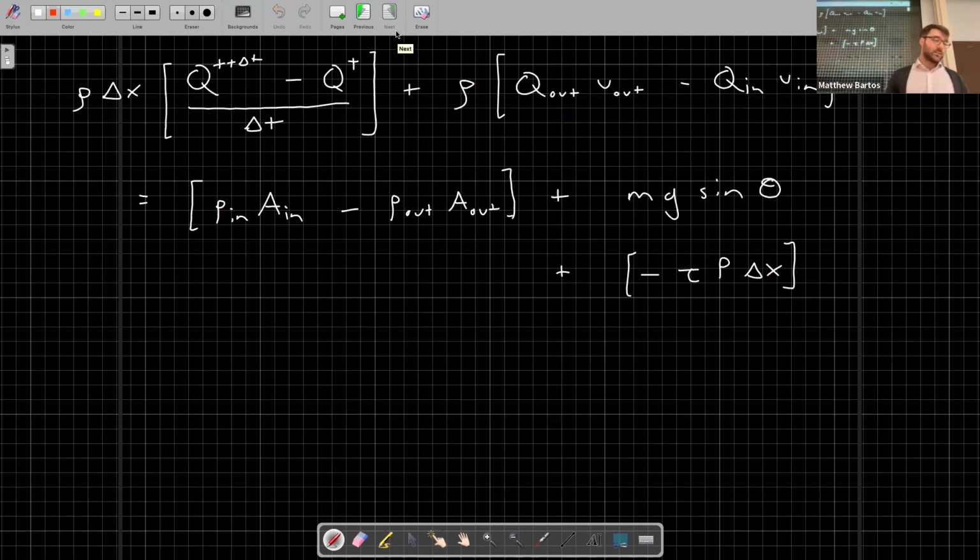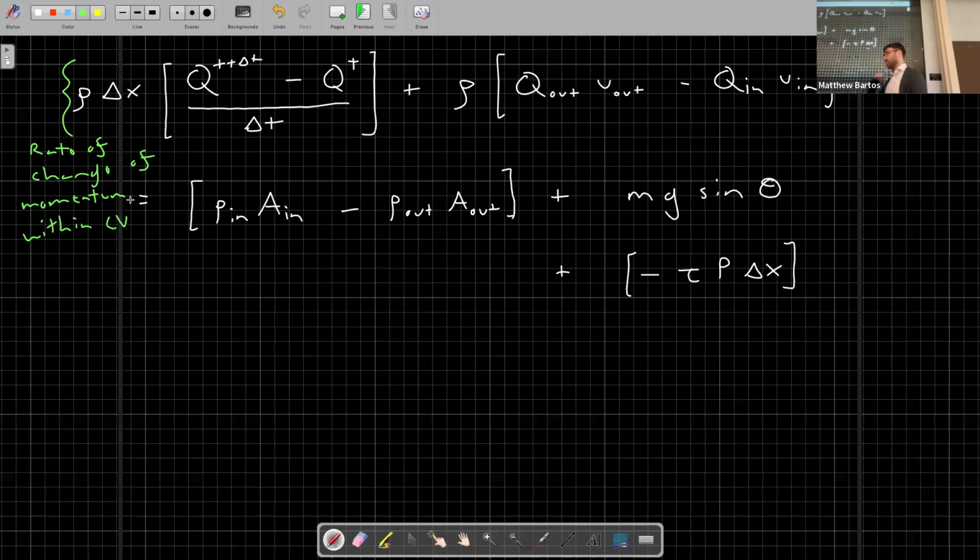So let me just break down each of these terms here. This first term is the rate of change of momentum within our control volume, due to changes in the intrinsic properties within the control volume. The second term is the net momentum flux through the control volume.